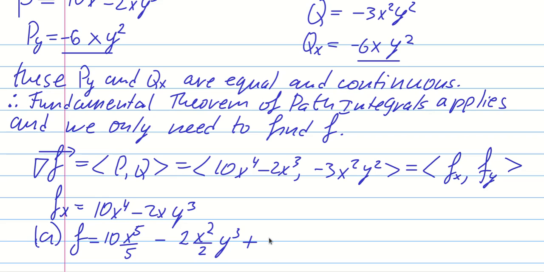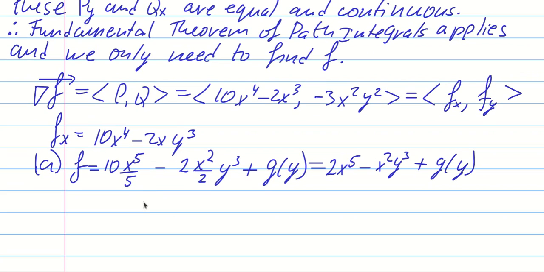So we write g of y here. And if we simplify it by dividing 10 by 5, we're going to get 2x to the 5 minus x squared y cubed plus g of y.